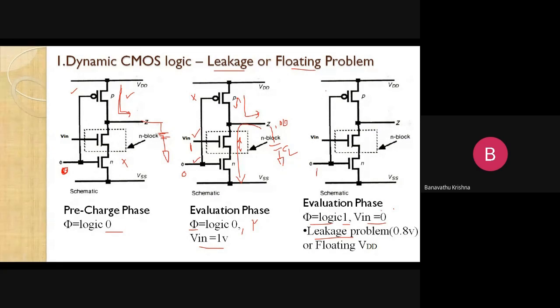Previously, suppose the clock is 0, so it is going to be precharged. The capacitor is going to be charged through this device. Now suppose I apply the clock signal as 1.